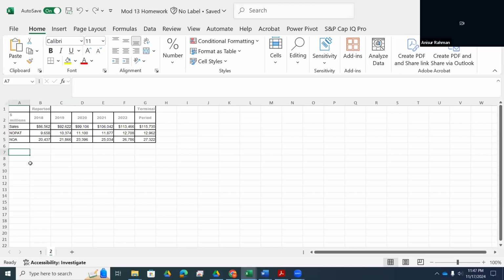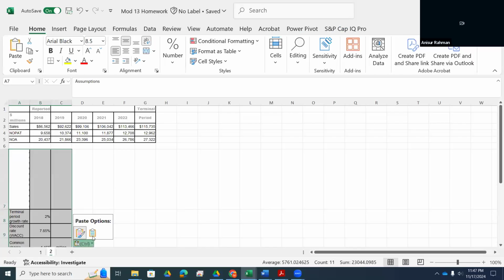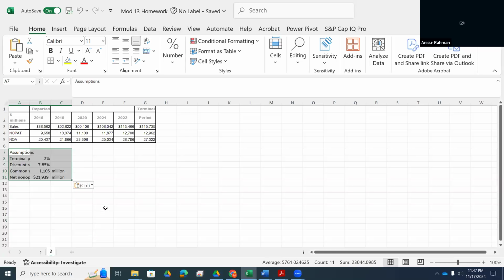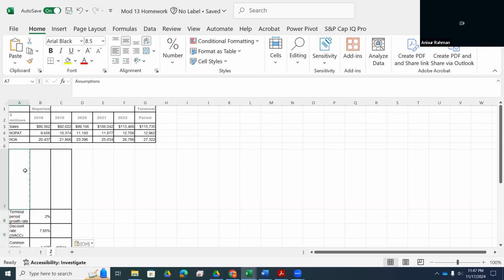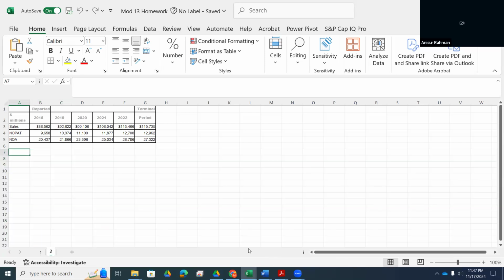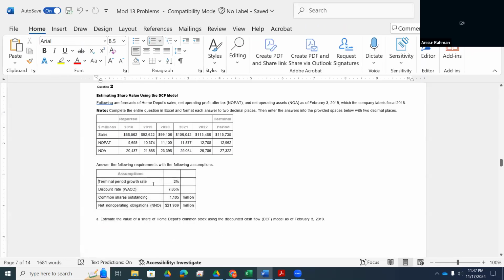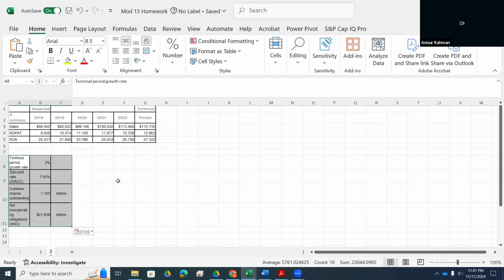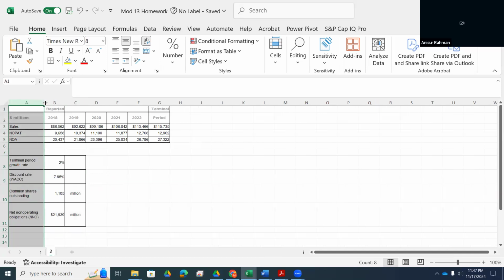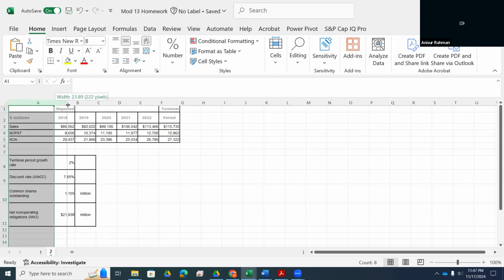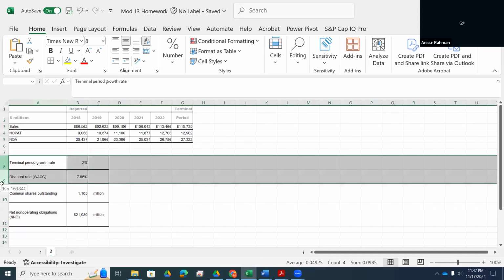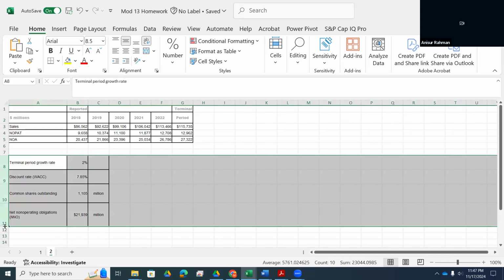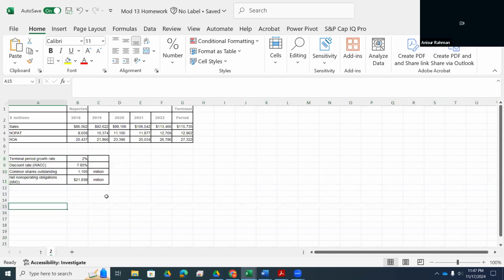Control C. Okay, I'll undo this. Let me copy just from here. Control C. Okay. And then I can highlight all these and double click to resize them.